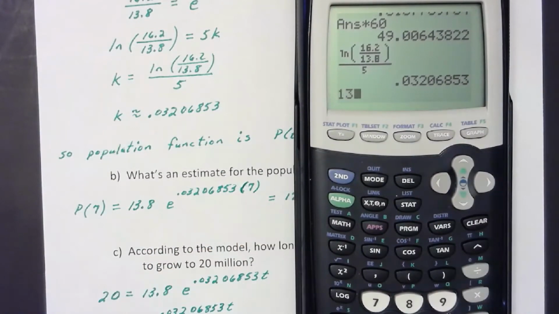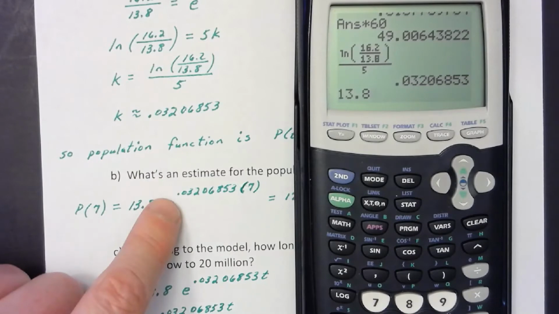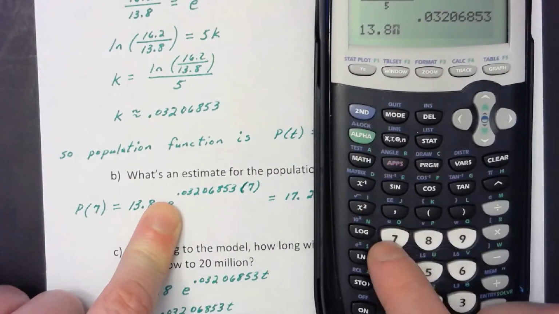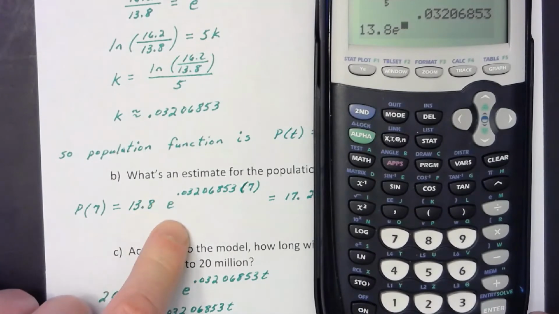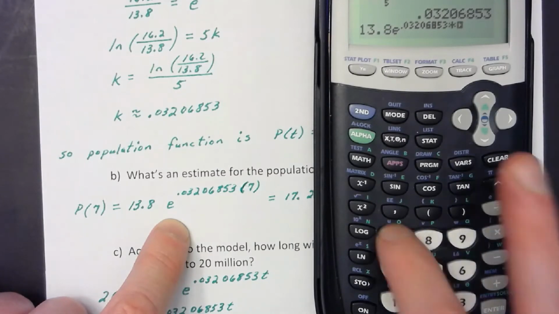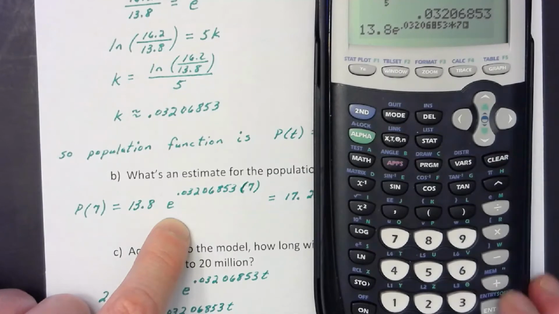We'll get 13.8, and then I have times e. For the e, I just go second natural log. And then the 0.03206853 power times 7. Put that up in the exponent just like that. Pretty easy.